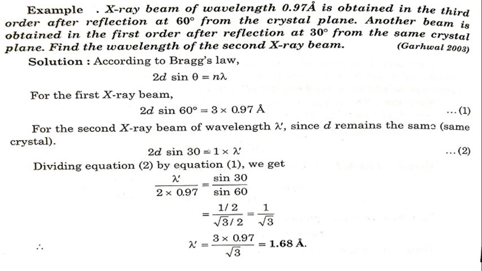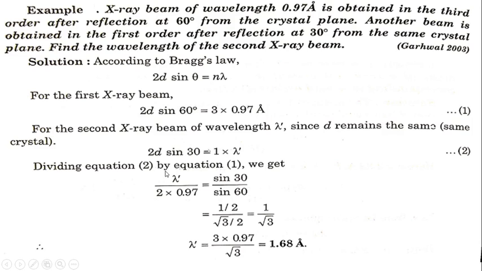Now, according to Bragg law, 2d sin theta equal to n lambda. Now, for the first X-ray beam, 2d sin 60 degree equal to 3 into 0.97 angstrom, and for the second X-ray beam of wavelength lambda dash, since d remains the same crystal, then 2d sin 30 degree equal to 1 into lambda dash.